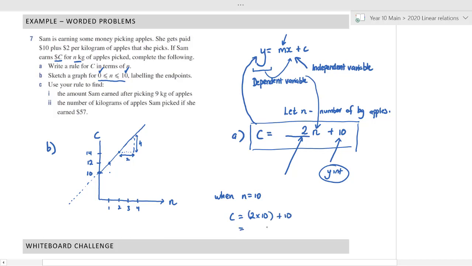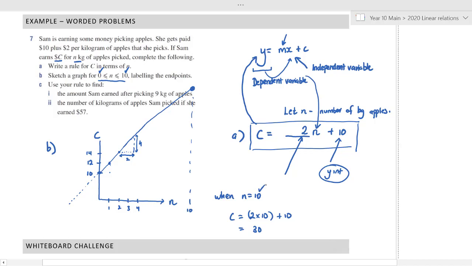That's going to be 20, that's going to be 30. So if I went all the way over to 10 and extended that across, it's actually going to get to this point here. I'll put a little closed circle, which means we're including that point, and that would have the coordinates.